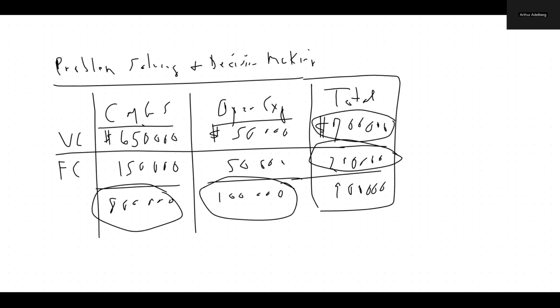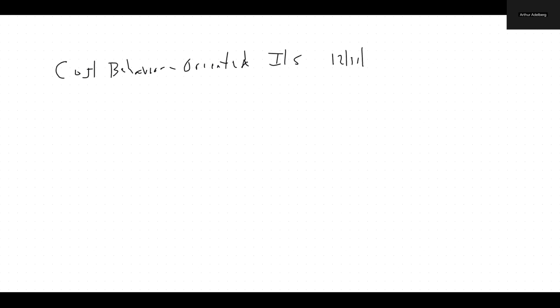And it's not called a functionally oriented income statement. It's going to be called a cost behavior oriented income statement. So I'm doing this for the year ending December 31st, 26.